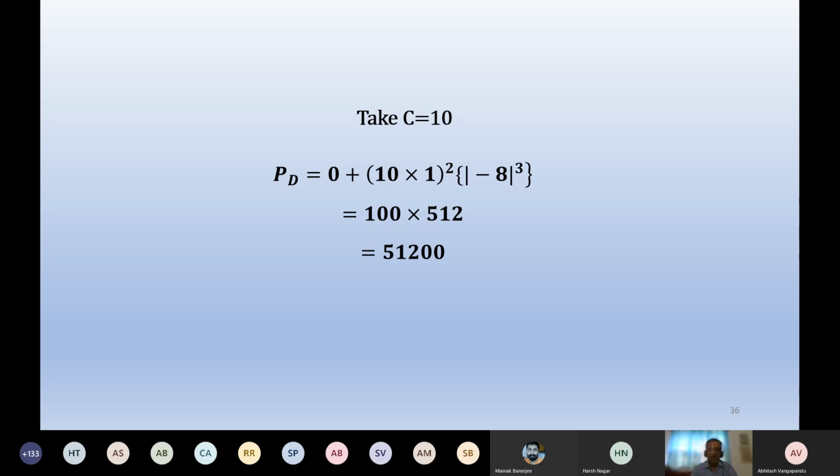And if you calculate, this will become equal to 51200. Okay. So the dynamic penalty will become 51200. This is the amount of dynamic penalty. I hope this is clear to all of you. But if there is any doubt, I'll be discussing within a few minutes. I'll give you enough time to discuss.